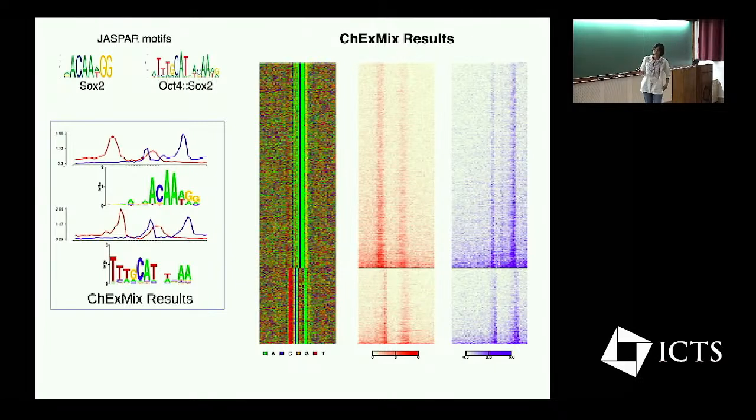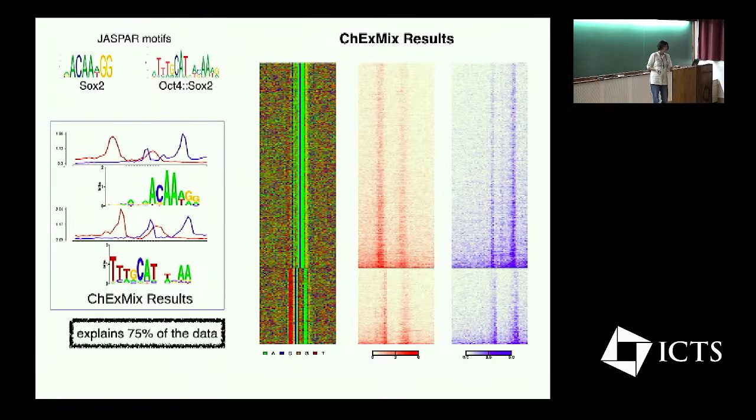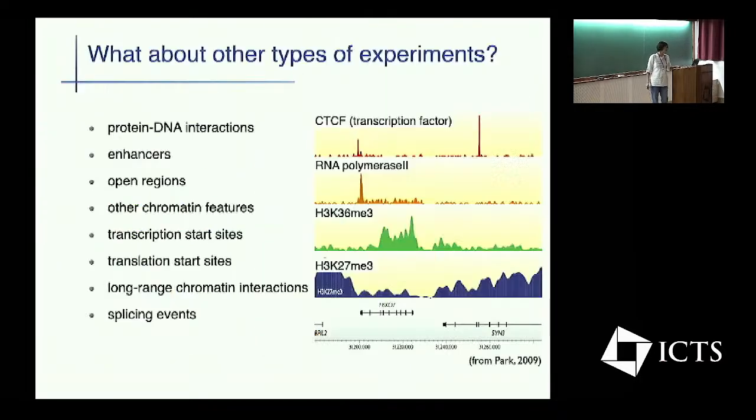But what they do is they start off saying let's take the top enriched sequences, run MEME or motif discovery on that, use that as an initial step, and then refine those motifs. Which is why you don't get as much diversity as we do. The other problem is because they're relying on enrichment only, they're not able to explain the full data set. Okay, what about other types of experiments?